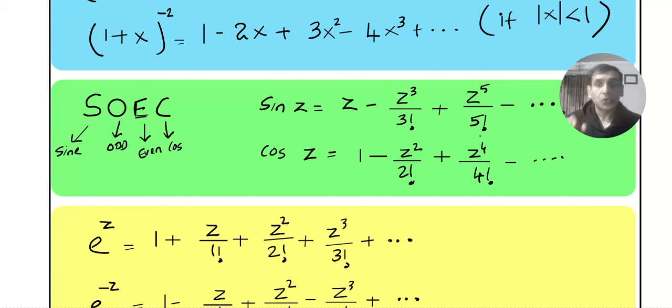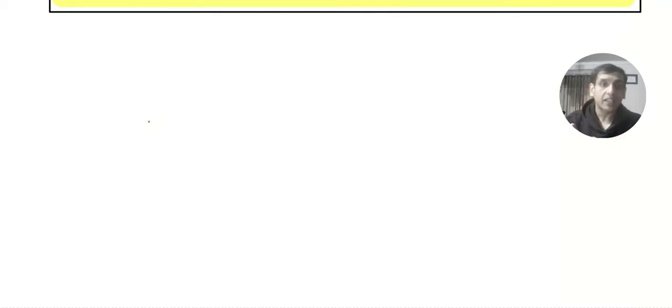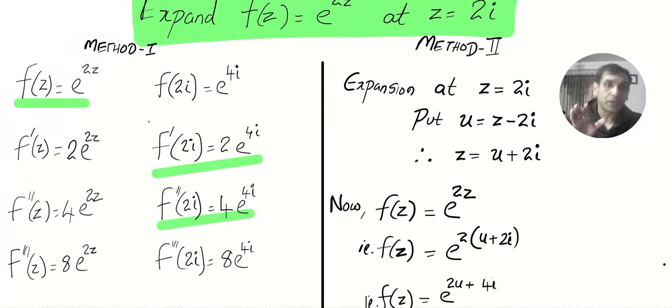Then the so easy method: sine will have odd powers, cos will have even powers. And of course the exponential function. You should be really good with these formulae if you want to apply method number 2.